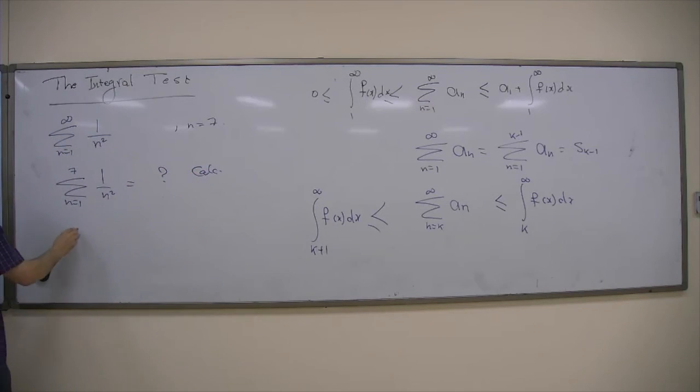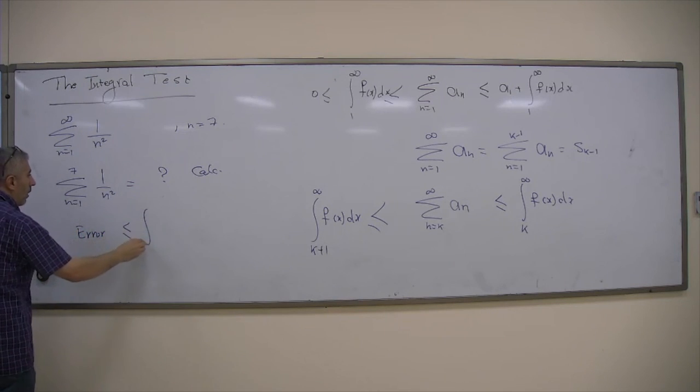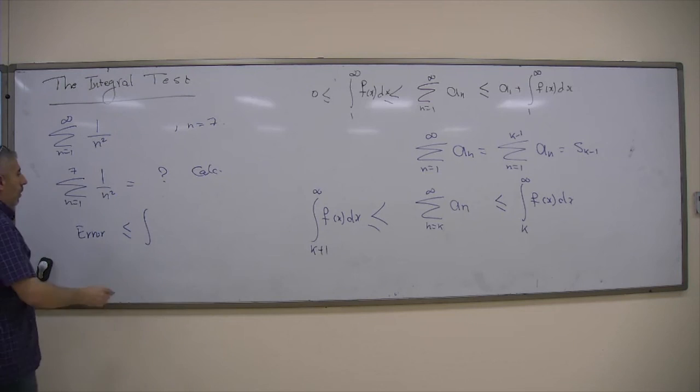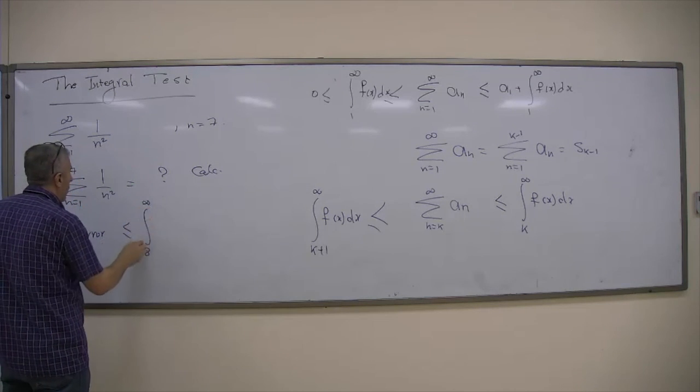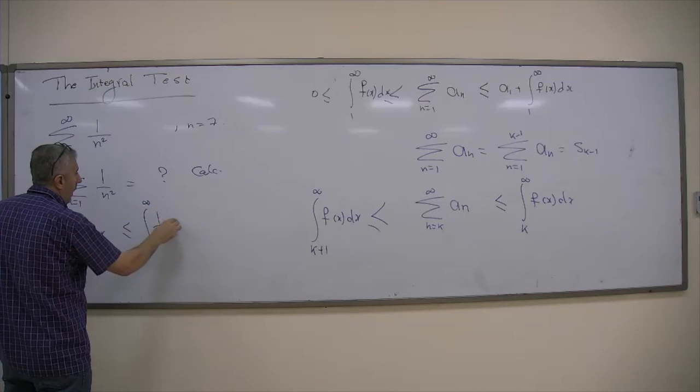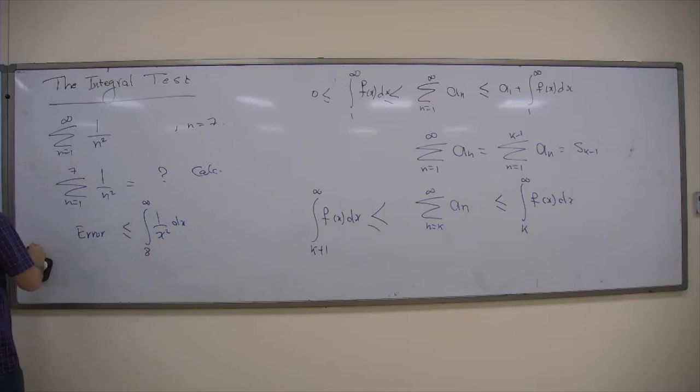And the error is going to be smaller than or equal to the integral from 8 to infinity of 1 over x squared dx, and larger than or equal to, I don't need to worry about this.